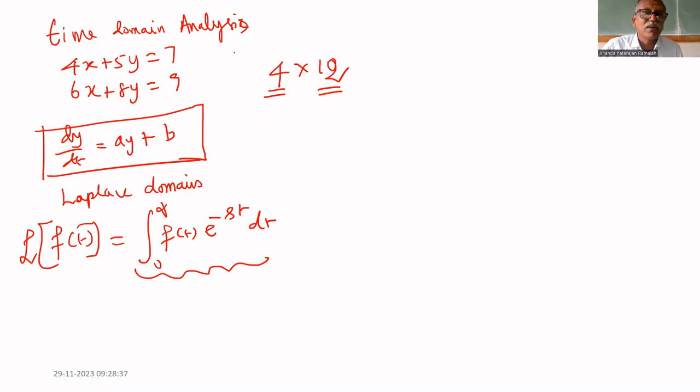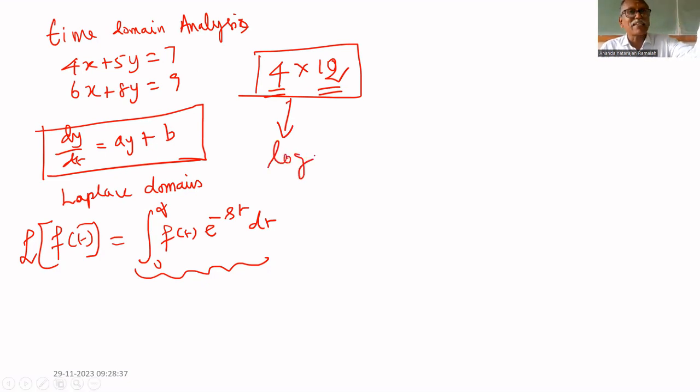So if we change the domain from linear to logarithmic, multiplication becomes addition. Similarly, if we take the Laplace transform of any equation, it is transferred from the differential domain to the algebraic domain. That is the advantage of using the Laplace transform.